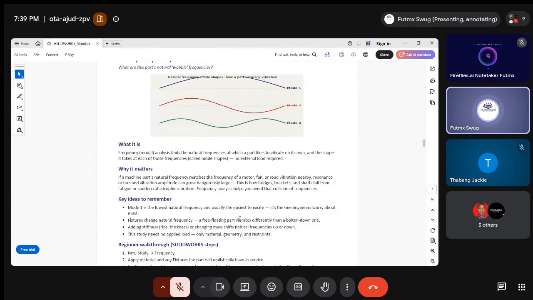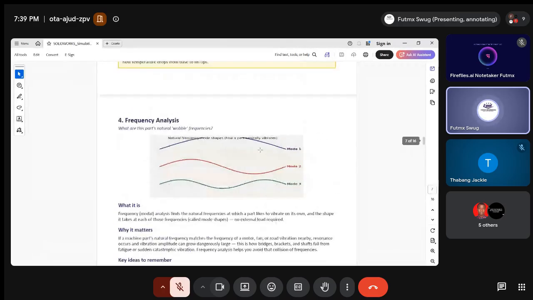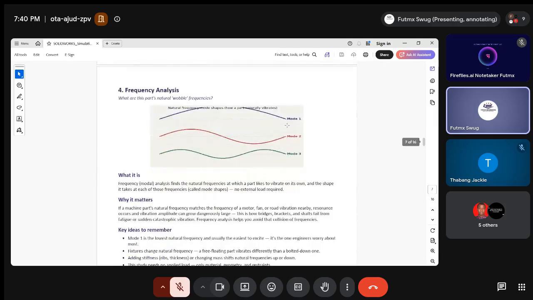The key idea that you need to remember is the lowest natural frequency, mode one. I didn't explain each of these. When it comes to frequency, they categorize them into different modes, which is mode one, mode two, mode three. There are particular frequency ranges for each mode. I didn't write them down, sorry.